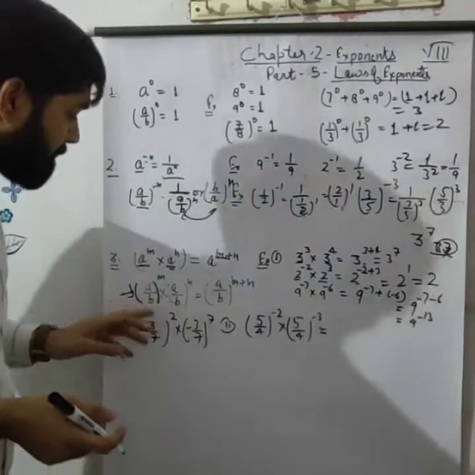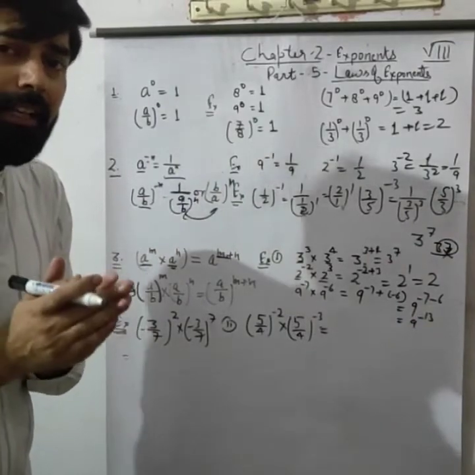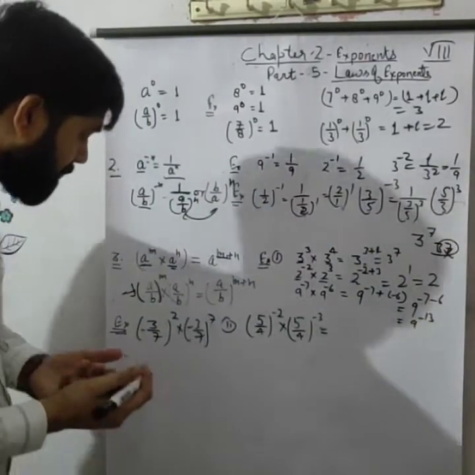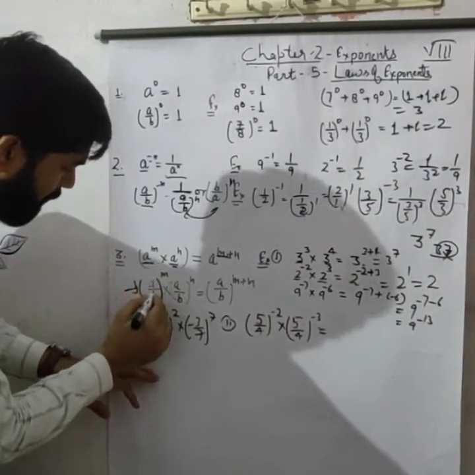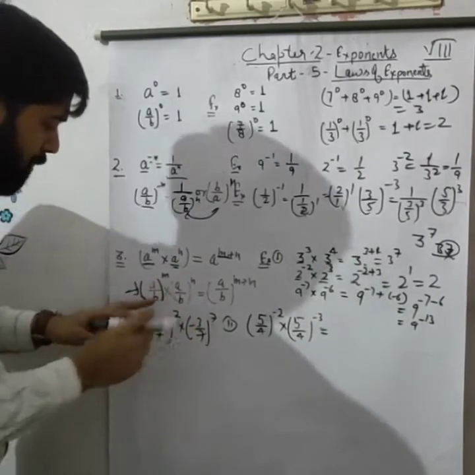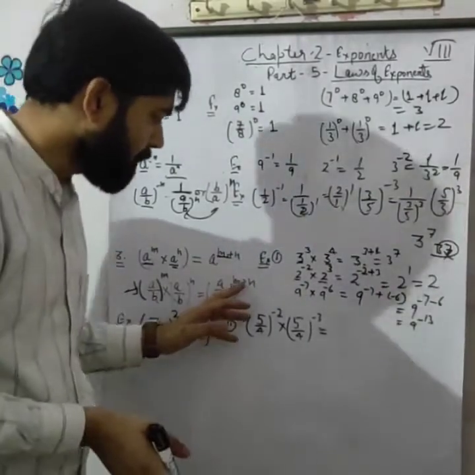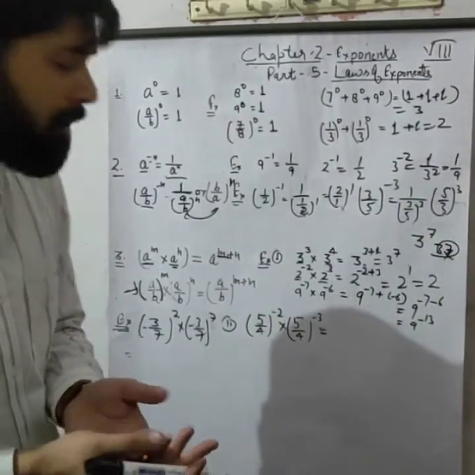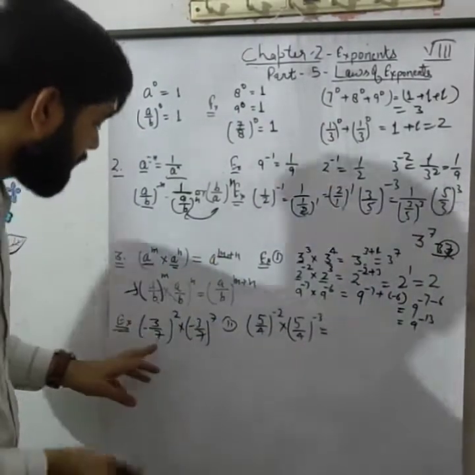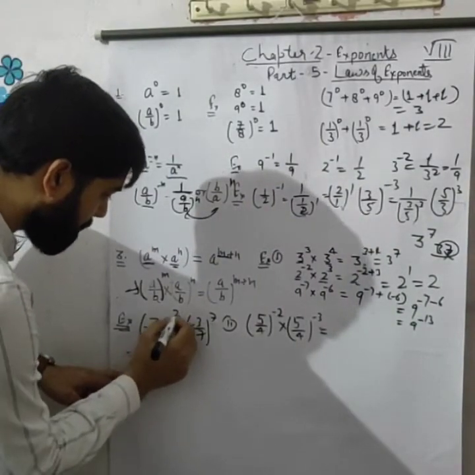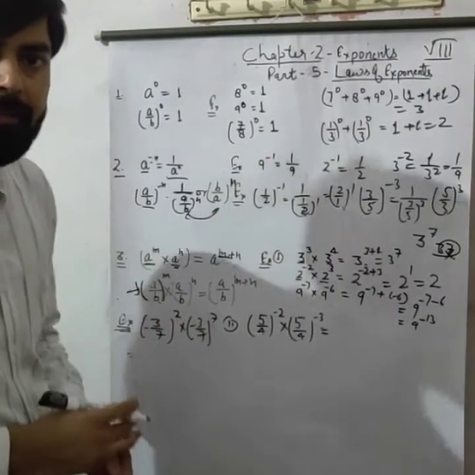Now next, if the numbers are given in rational number form, like this example: (a/b)^m times (a/b)^n. Look here, both bases are the same. Same base, same rule, meaning the powers will be added: m plus n. Then (−3/7)^2 times (−3/7)^7.